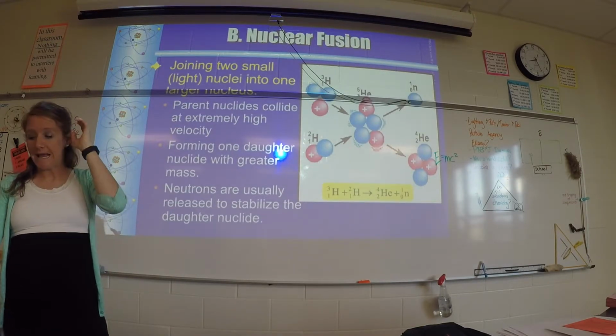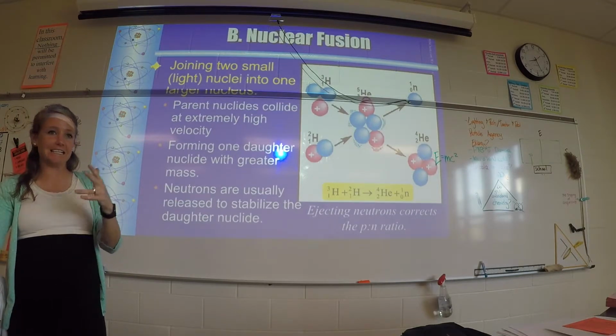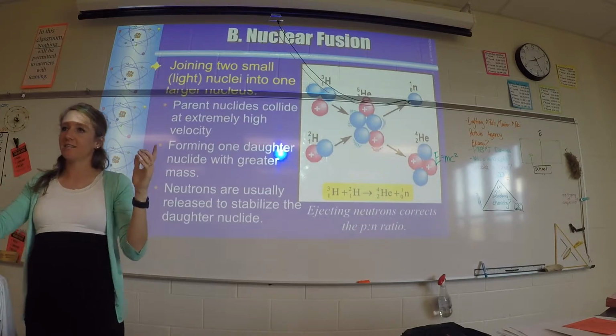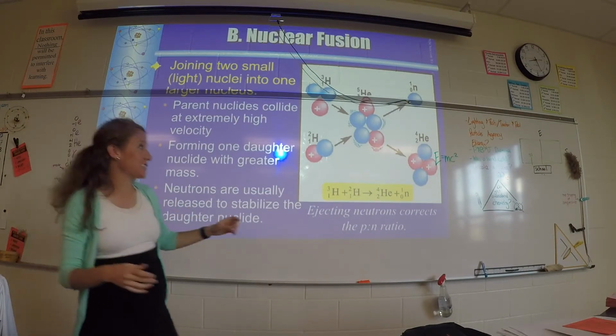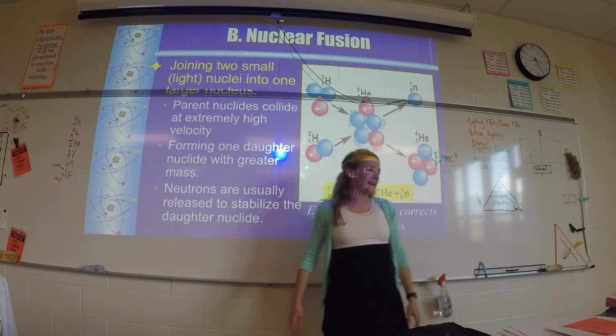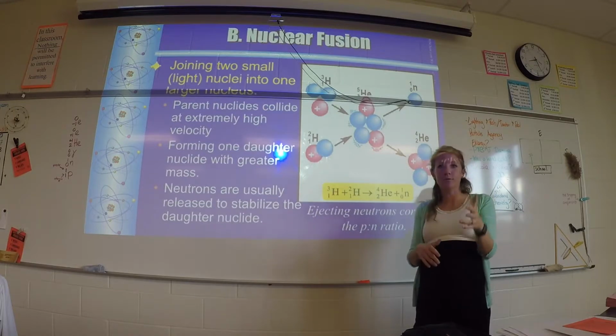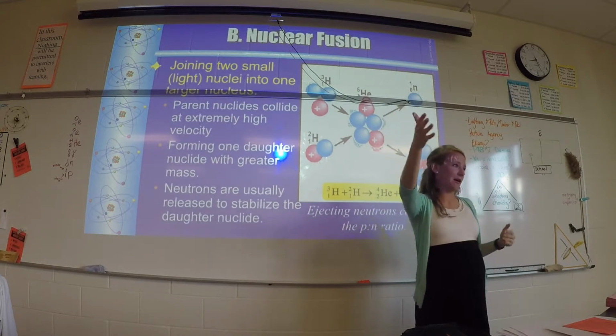All right, so in order for this to happen, like we said, it's not as easy as it sounds, right? It's not just throwing two things together and they stick, because they're not just sticking, they're making something new. So my analogy for the difference between a nuclear reaction and a chemical reaction is, think of Legos.